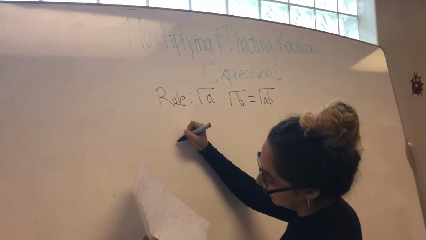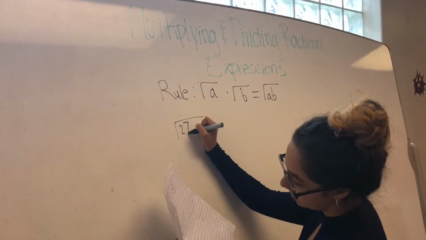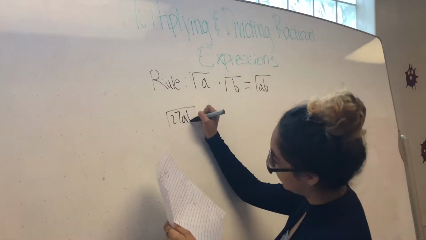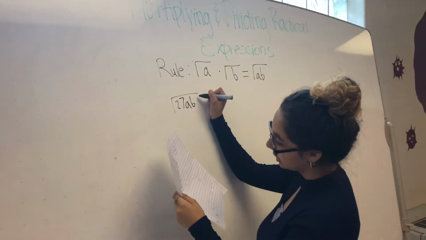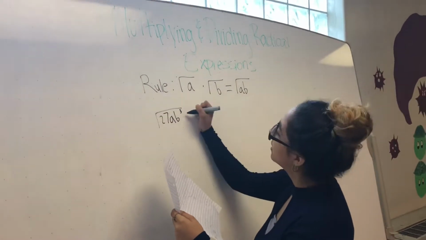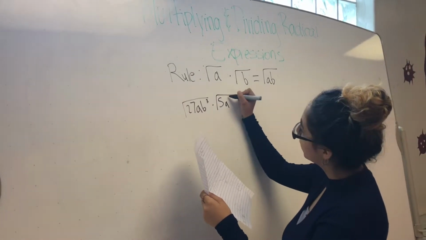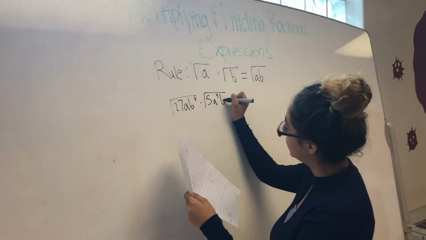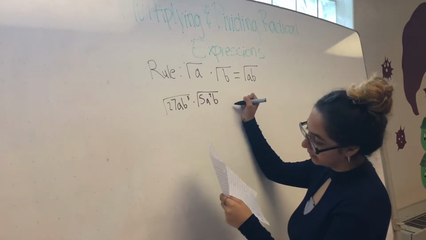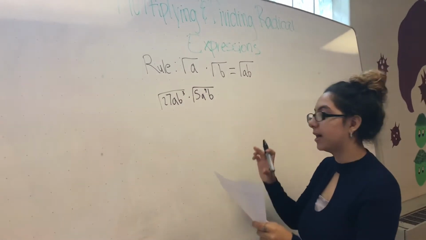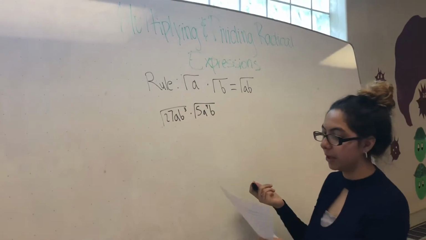So the problem is the square root of 27ab cubed times the square root of 5a to the 4th power b. What we would do is break it up into 3 parts.